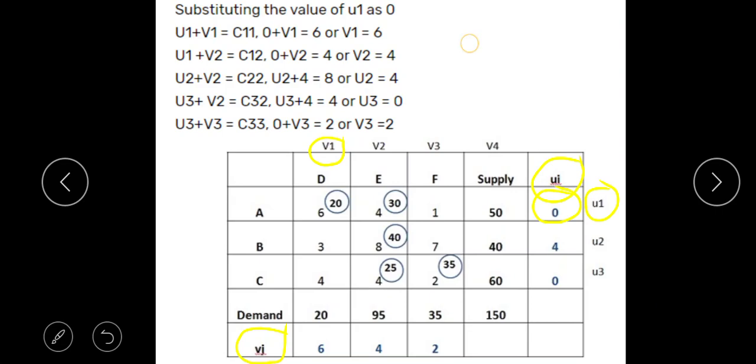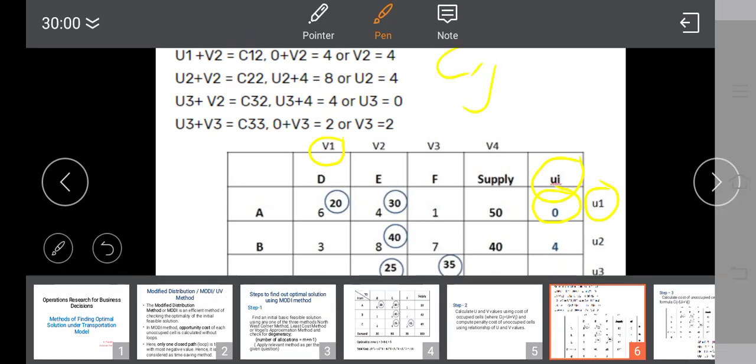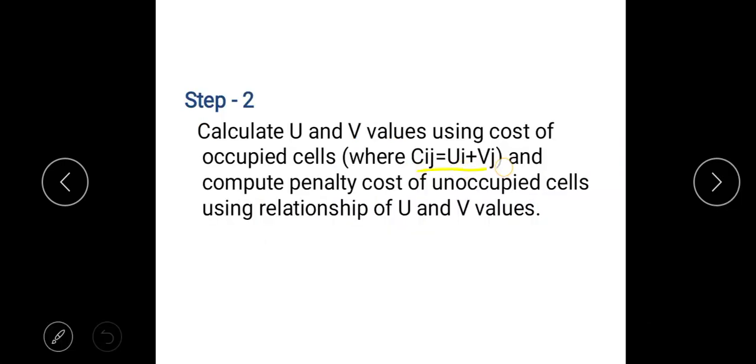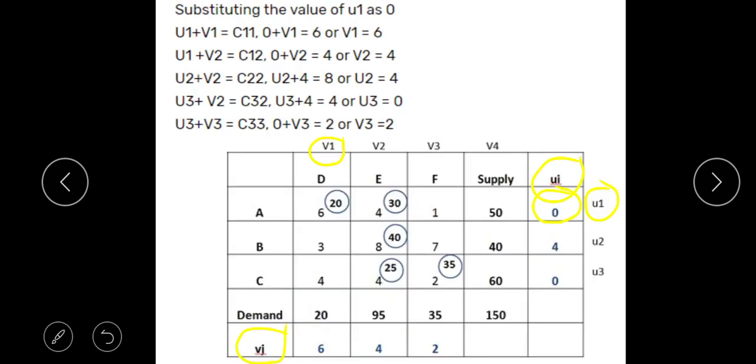What is the formula? Cij is equal to Ui plus Vj. Cij means the cost of cell ij. So here C11 is equal to U1 plus V1.